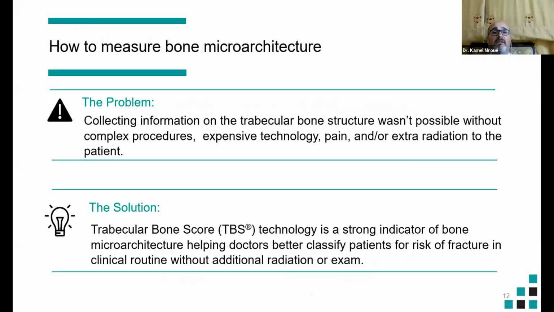Can you measure this bone microarchitecture? Yes, it took a lot of time, a lot of energy, a lot of investments to create this trabecular bone structure measurement. It was not possible without complex procedures, expensive technology, and even extra radiation to the patient.